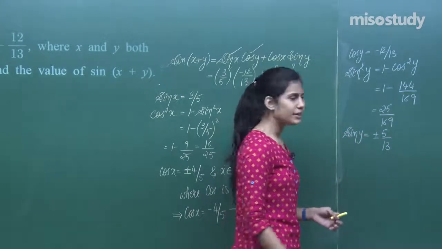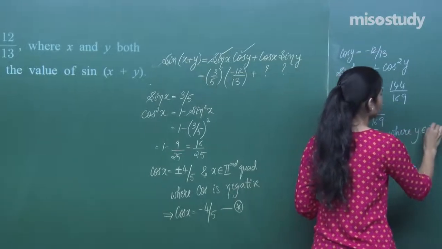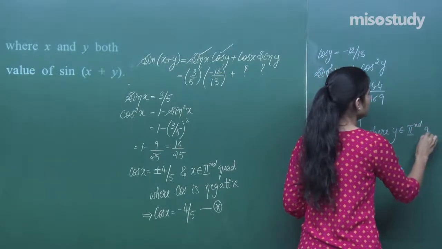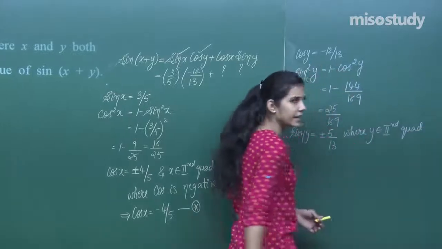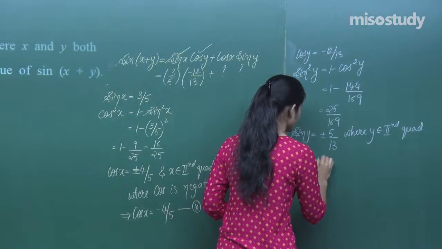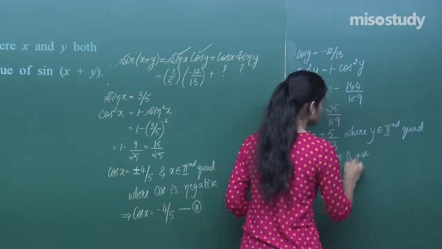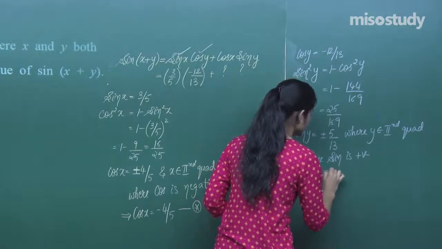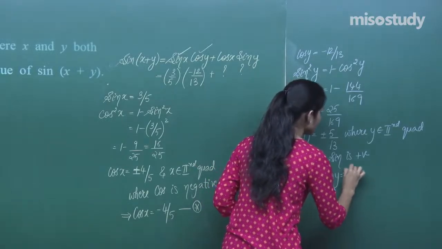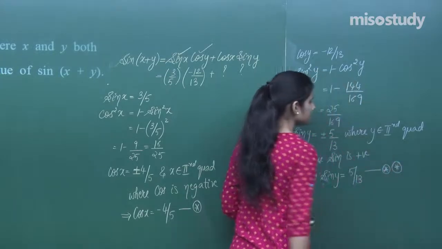Y is also given to be in the second quadrant, where sine is positive. This implies sin y is not minus 5/13, but it is plus 5/13.